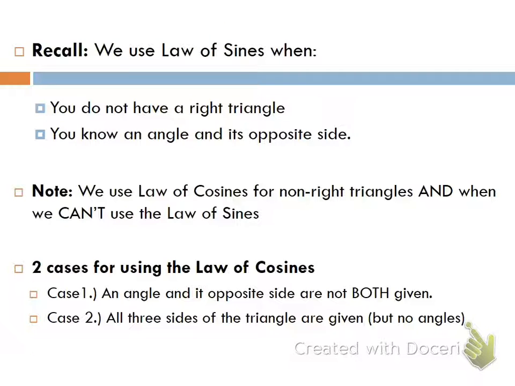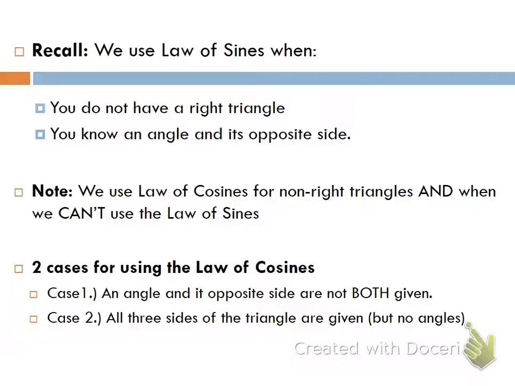So we used the law of sines when we didn't have a right triangle and we knew at least one angle with its opposite side. We had one pair matched up, so to speak. We're going to use law of cosines for non-right triangles and when we can't use the law of sines.